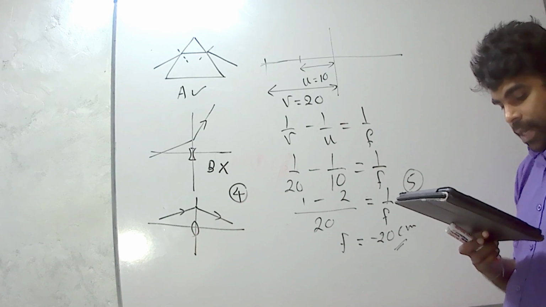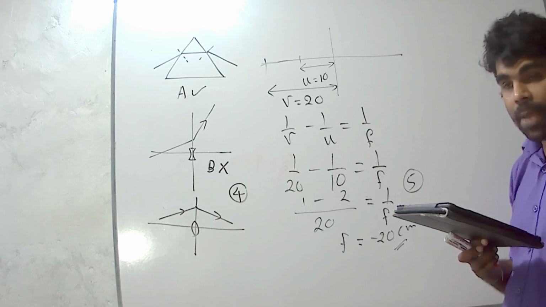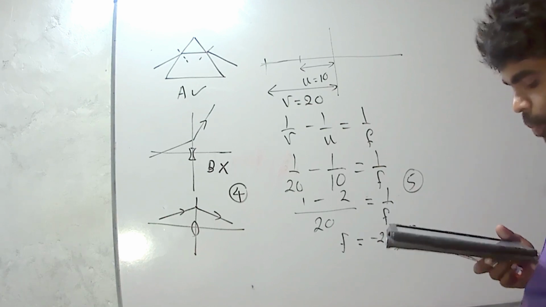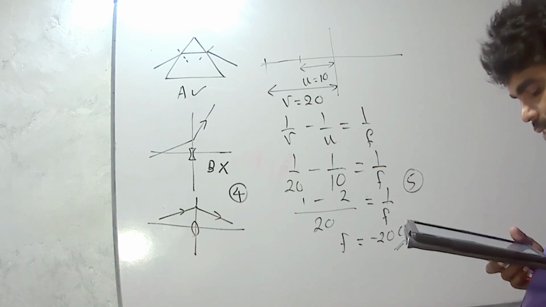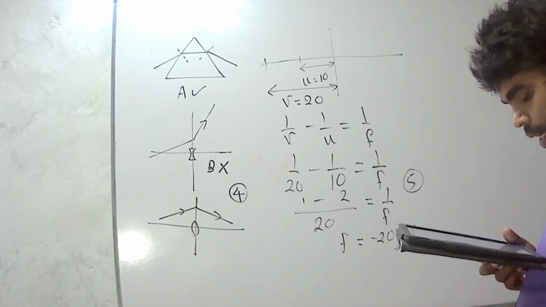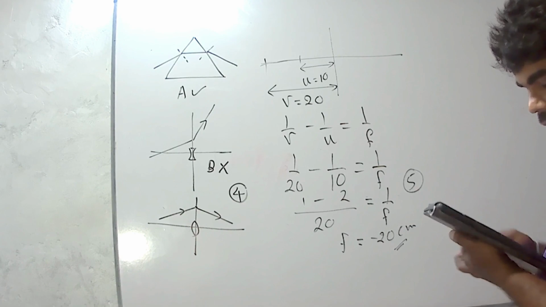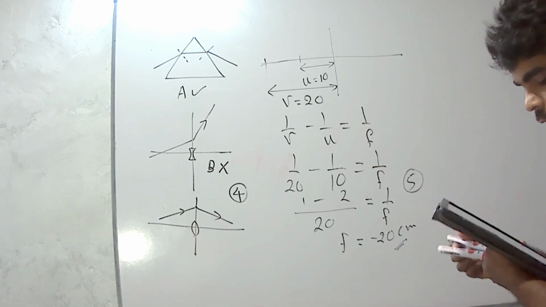In a rare medium, lens type is not changing. Therefore, rays should move away from the main axis. In the second one, the ray is moving towards the main axis.